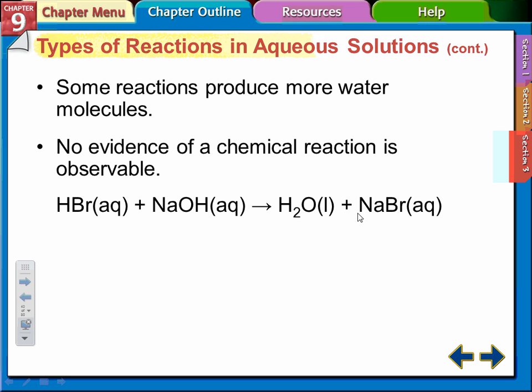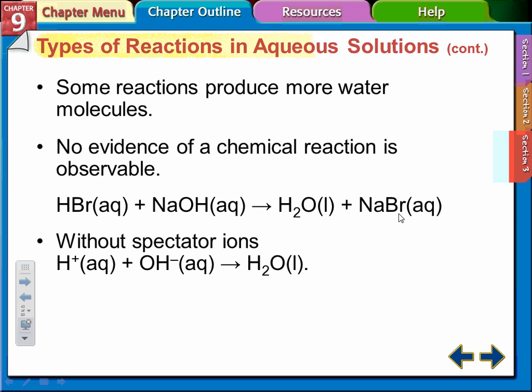They combine to form water. So this OH and this H combine to form a water molecule. The Na and the Br are still ions in solution. Without the spectator ions, it would look like this, where the hydrogen and the hydroxide react to form water.